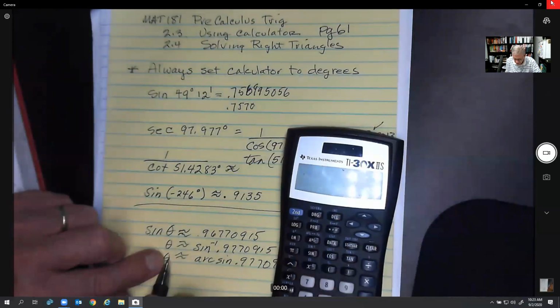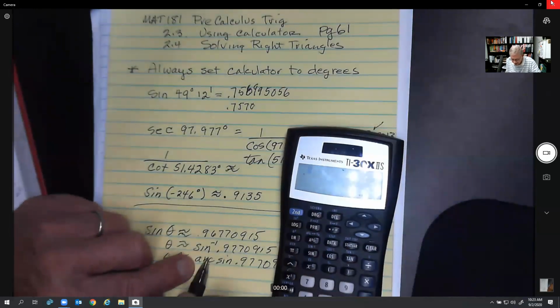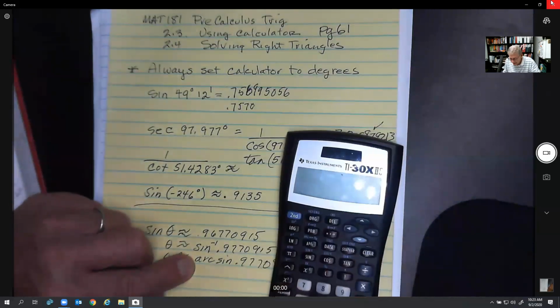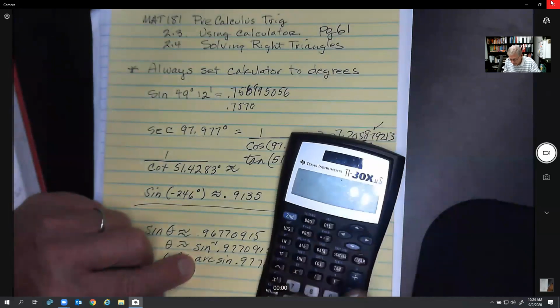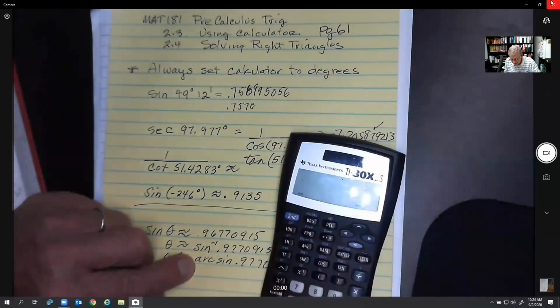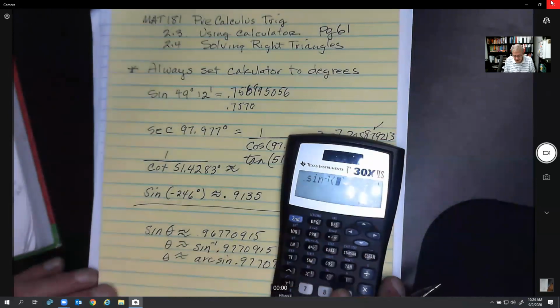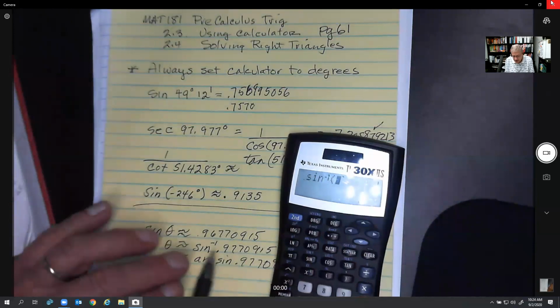When I'm looking for theta and I have an arc sine, the arc means hit the second. See, that's why I kind of like the arc better. Let's clear this out. Second and then sine. See how it has the little -1 there? Inverse sine. Or you could write inverse sine.